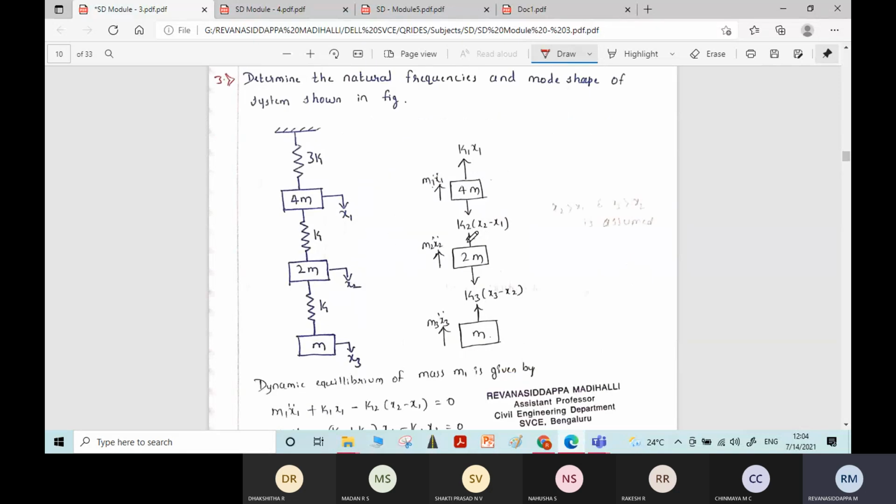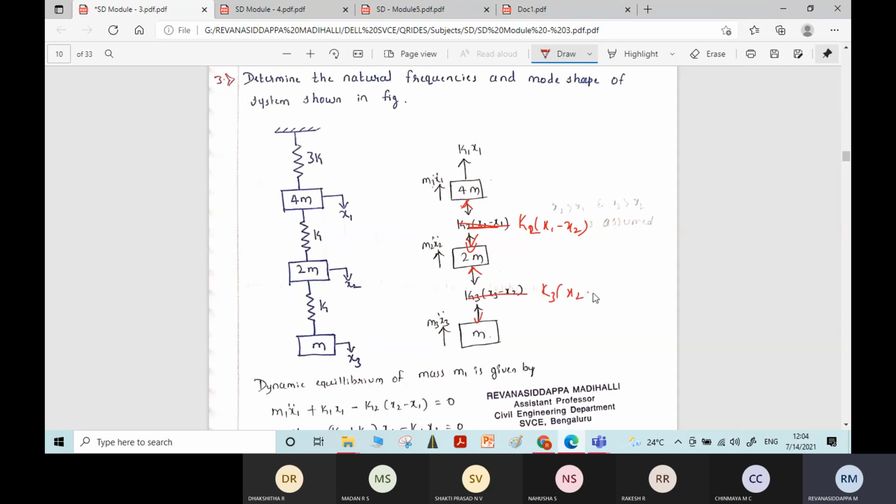Okay. So here also what I have done is I have taken k2 into x2 minus x1. No? You can follow one single procedure. You can assume compression and you can rewrite this as k1 into x1 minus k2 into x1 minus x2. Okay. And the direction you can take towards the mass. Here also take the direction towards the mass and take k3 into x2 minus x3.